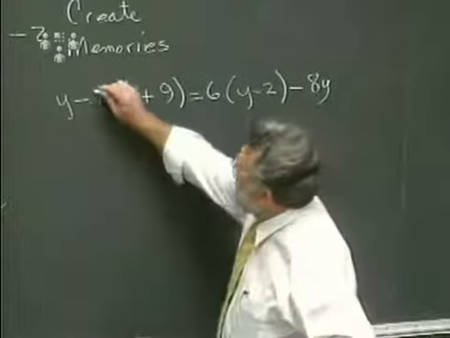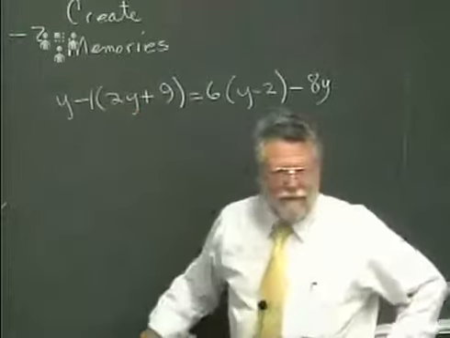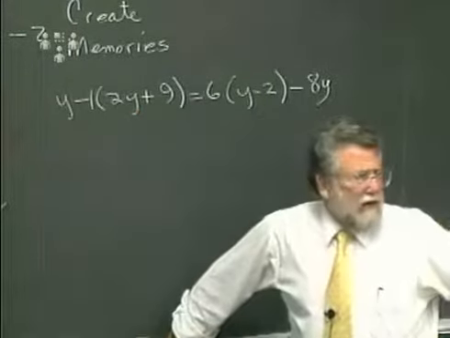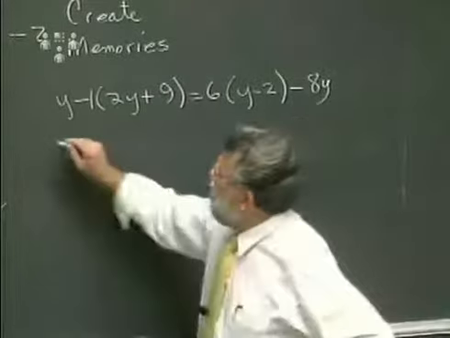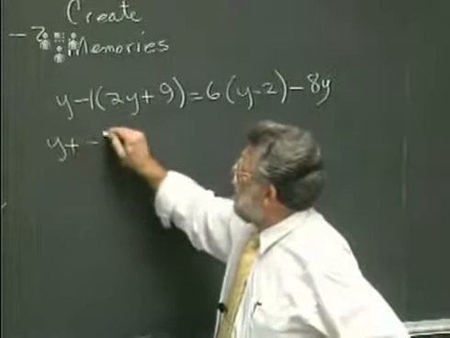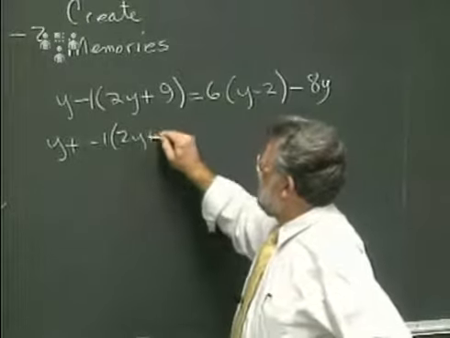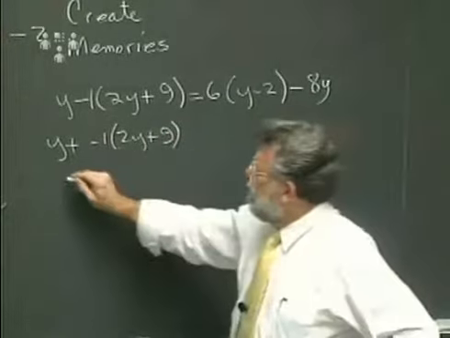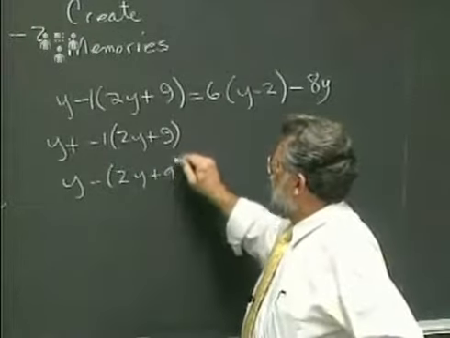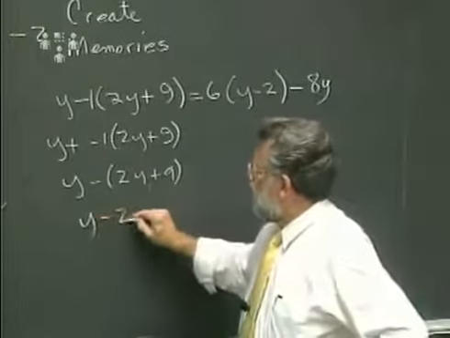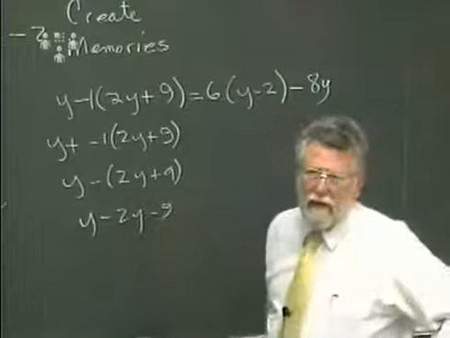A 1. Yes. Now, that's a little bit easier to see than I'm multiplying through by a negative 1. And in fact, you might say, well, wait a minute, that's really plus a negative 1 times 2y plus 9. Or you could have just said, hey, I don't need to play those games. I know immediately this is y minus 2y minus 9.